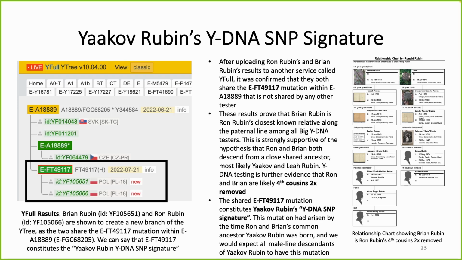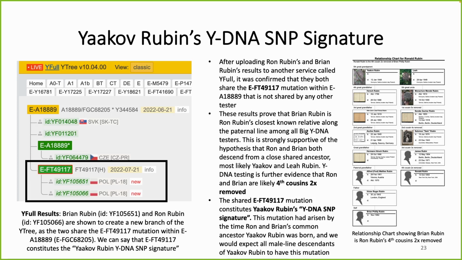When we have a situation like this, I call this mutation, FT49117, Yaakov Rubin's Y-DNA SNP signature. It's a special mutation that signals that it had arisen by the time their common ancestor, Yaakov Rubin, had been born.